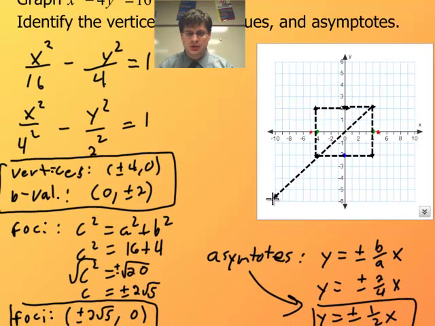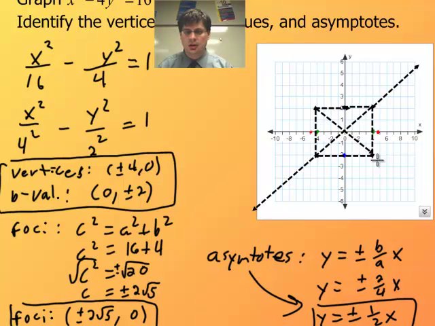And these are going to be my asymptotes, and this is going to help guide my hyperbolas. Hyperbolas will not cross these asymptotes, like so. And they have a tendency to go through the vertices of this box.